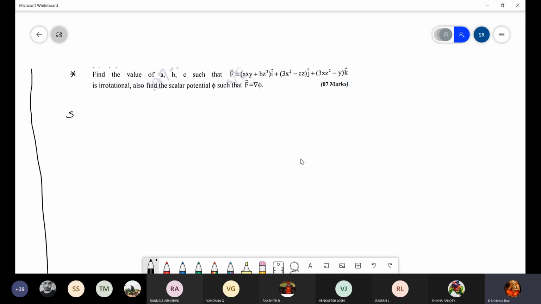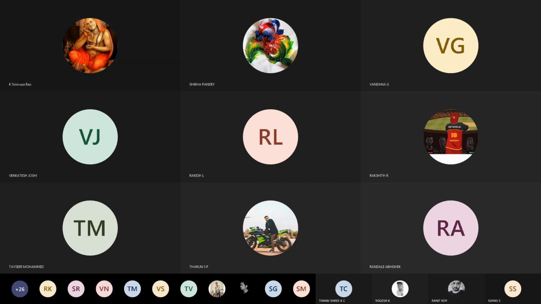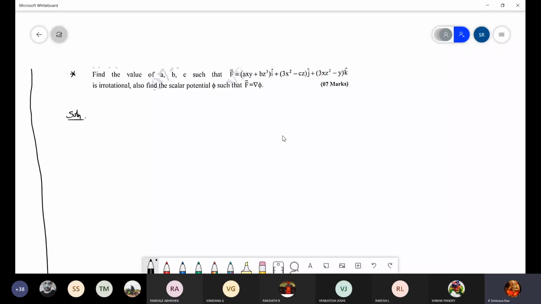Solution: given f is irrotational, that is curl f equal to 0.